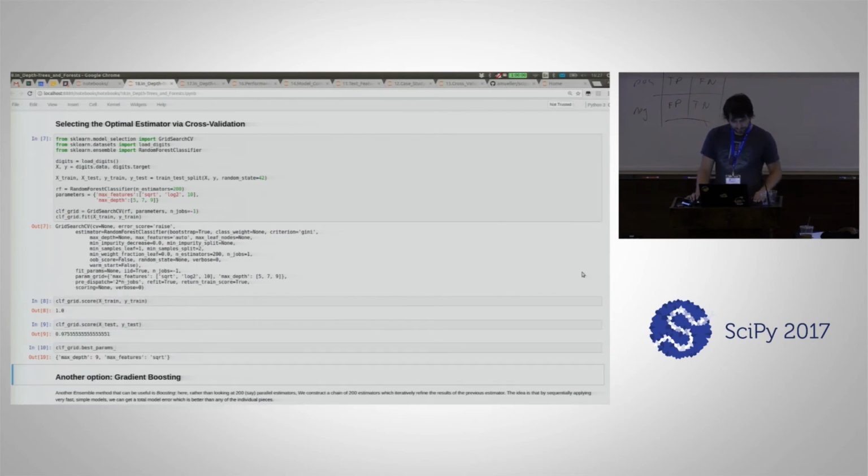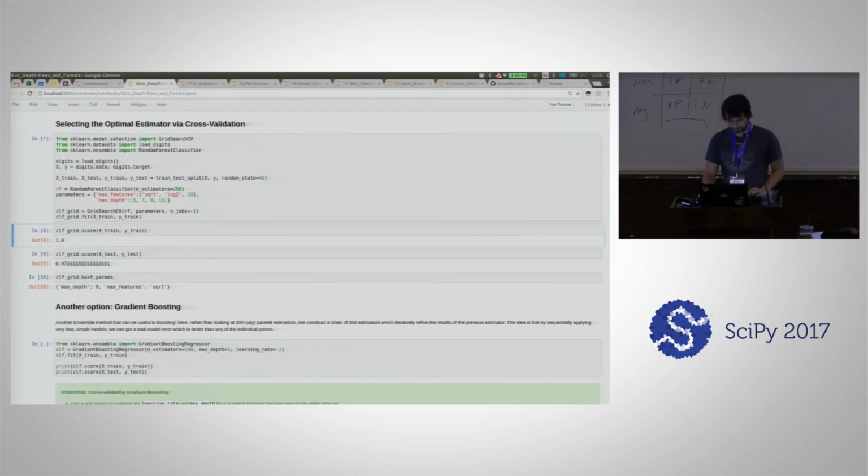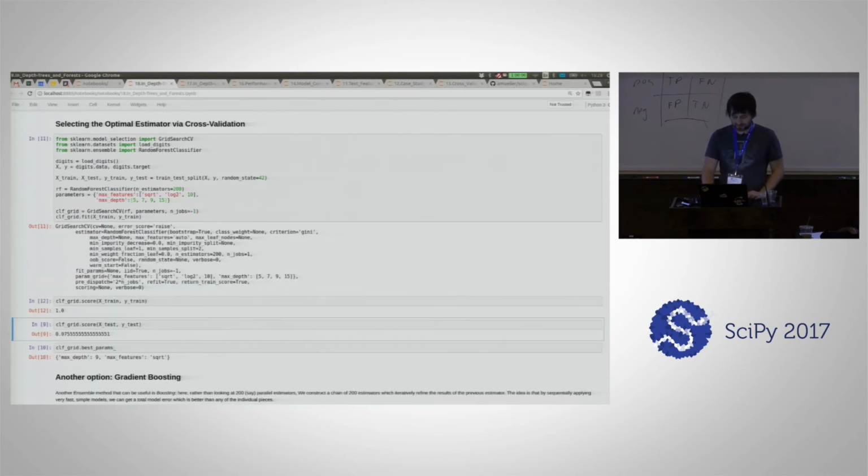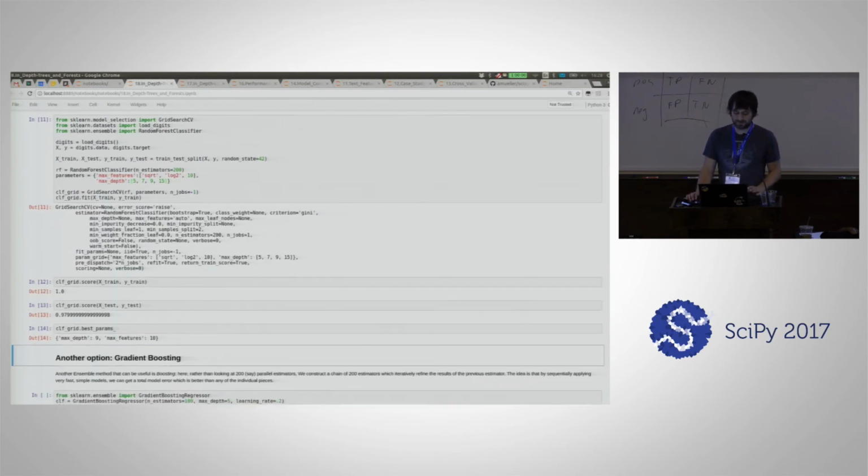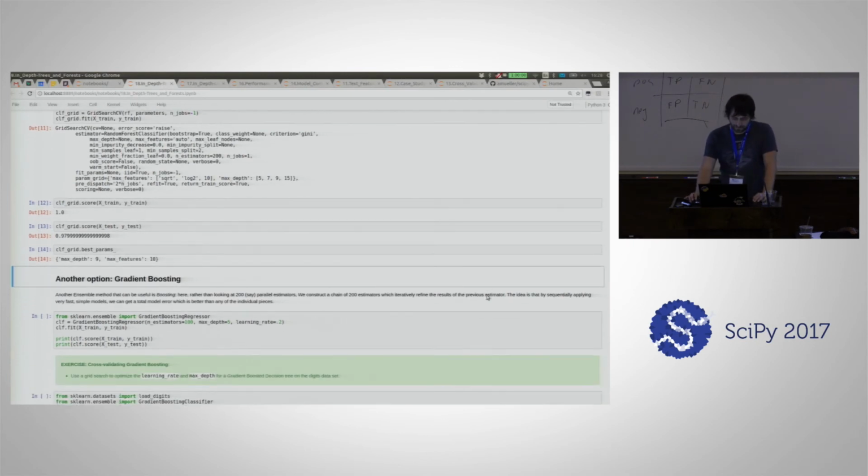It uses a square root number of maximum features and a maximum depth of 9, which was the biggest I tried. Maybe I should have tried a little bit more, but then obviously it takes longer. But generally this is one of the best off-the-shelf methods, and you should probably try this on whatever problem you have.